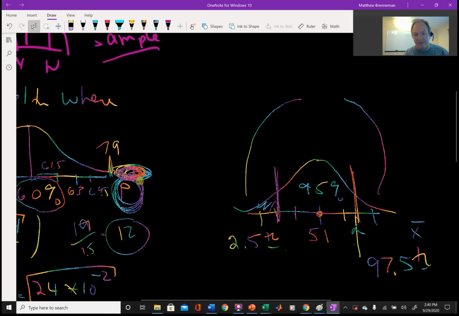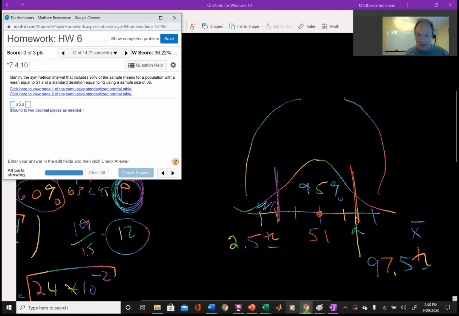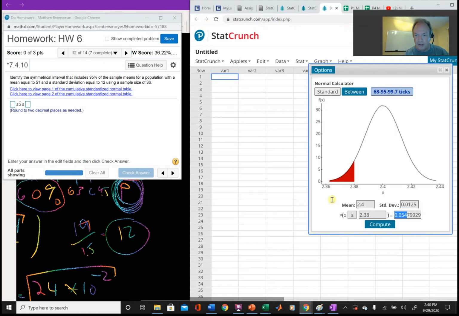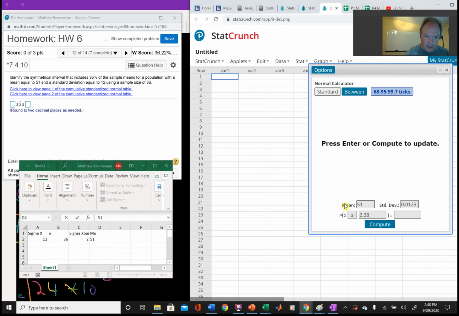So now they have to use StatCrunch, okay? So StatCrunch is going to help them out here. So I'm going to enter everything I know about this problem. The mean is 51, and you enter whatever yours is, right? Standard deviation is 2.